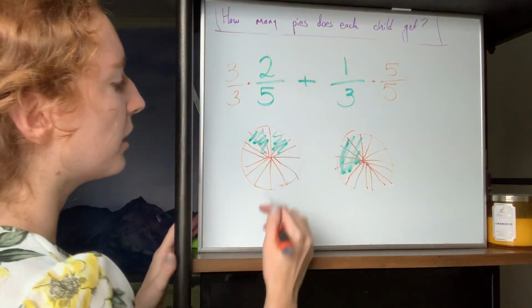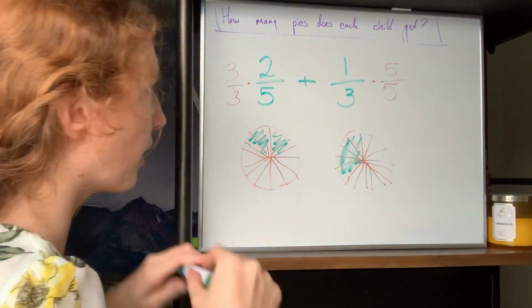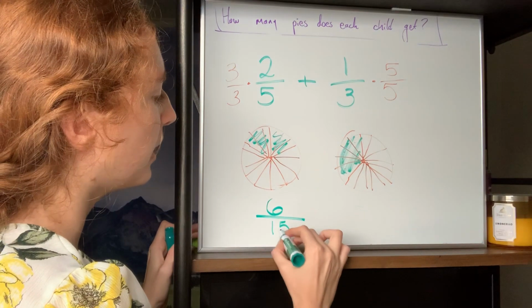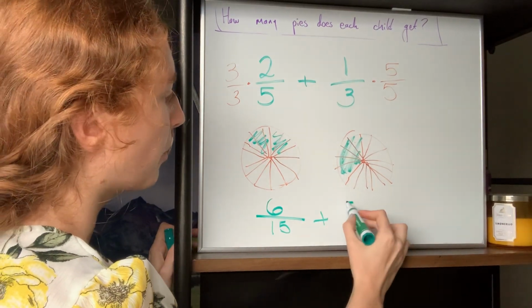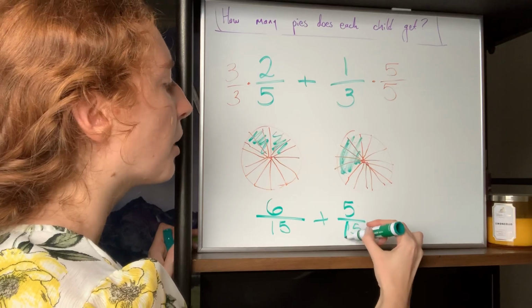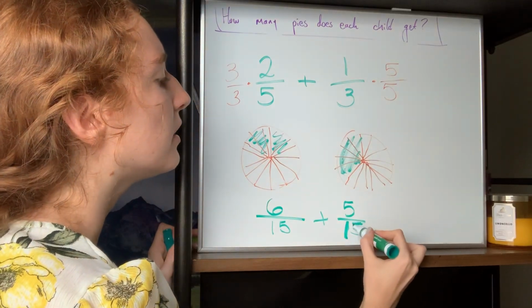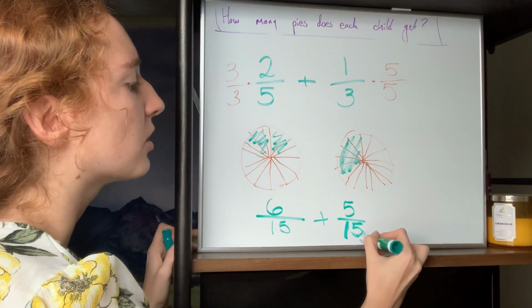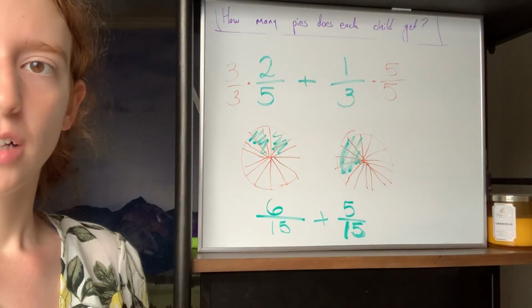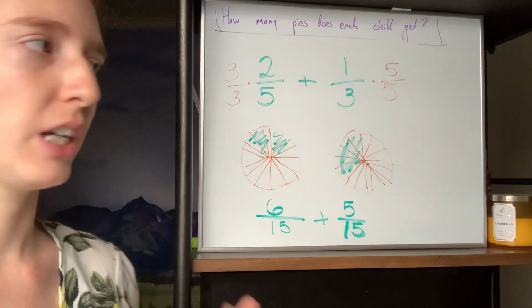So this problem boils down to, I can write it again down here, it's the same thing as thinking, okay, this teacher's giving away 6 out of 15, and this teacher's giving away 5 out of 15. So they were pretty close in how generous they are, but now we can more clearly see that this teacher gave away a little bit more. So I can change my denominator, I can change what we're talking about.